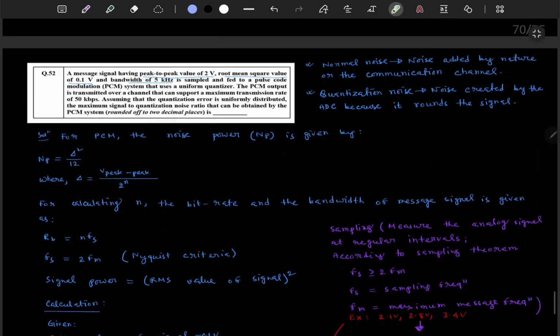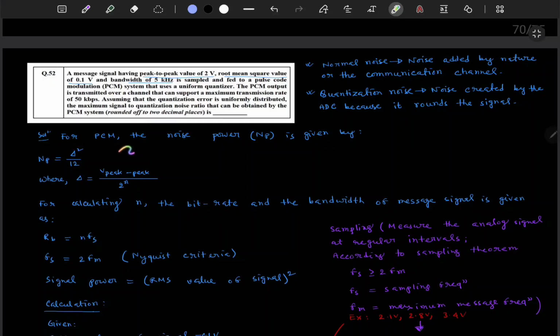Now what are the terms used here? Normal noise is noise added by nature or the communication channel. Quantization noise is noise created by the analog to digital converter because it rounds the signal. Suppose the amplitude is 0.05329; it is quantized, meaning it is rounded, so some error may be involved.